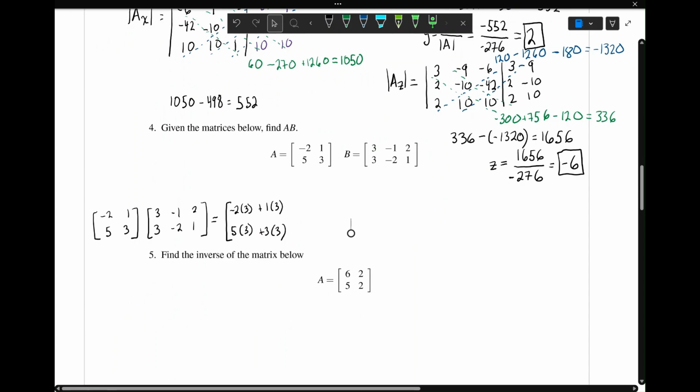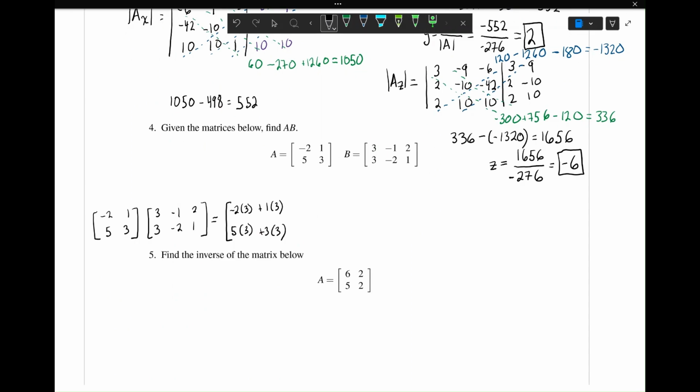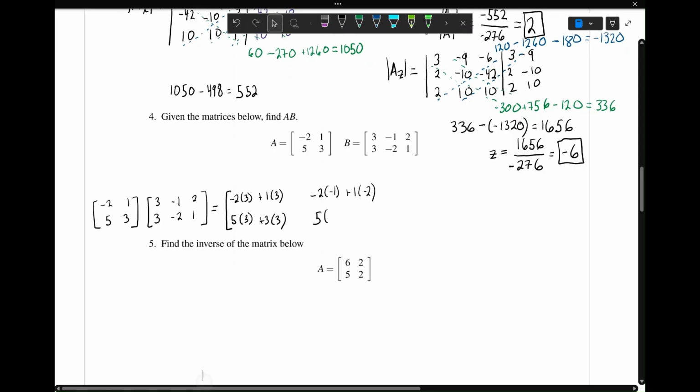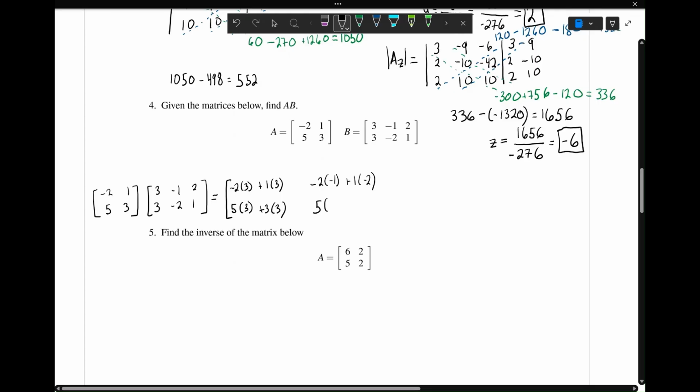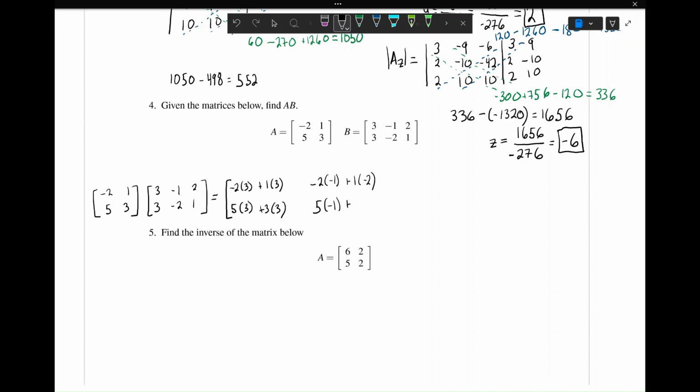Now I'm going to take the next column and smash it down. That next column is the -1, -2. So I'll have -2 times -1 plus 1 times -2. And then 5, because that's my first entry of my second row in the first matrix. 5 times -1 plus 3 times -2.